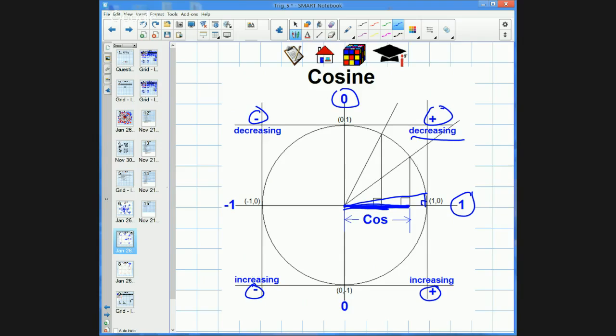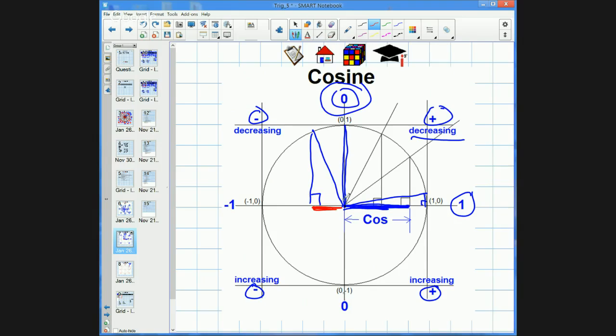So this cosine in the first quadrant, as you move up, is going to get shorter and shorter, and finally when you get up to 90 degrees, it shrinks to nothing, and that's why the cosine of 90 degrees is 0. And then as we move over here, now our triangle looks like this, and just red here, this now becomes the horizontal coordinate, and because it's left, it's negative.